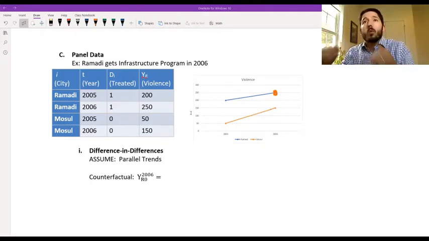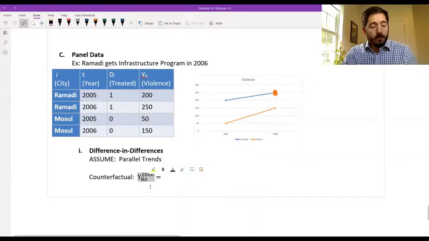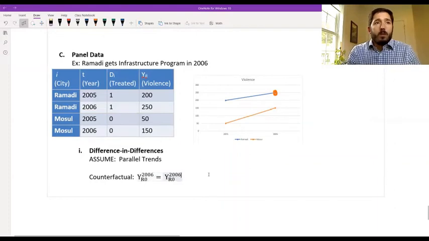if not for the infrastructure program in 2006, what does that mean for our counterfactual? Well, we're going to start with Ramadi in 2005, without the treatment.